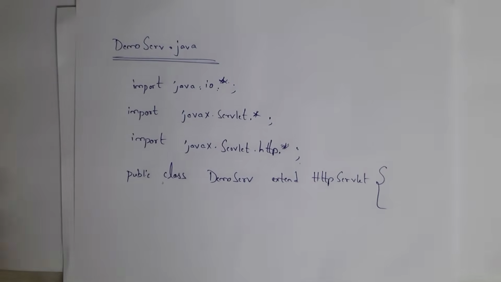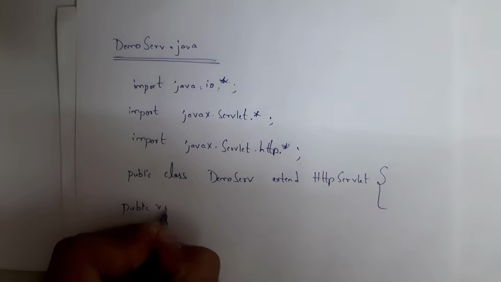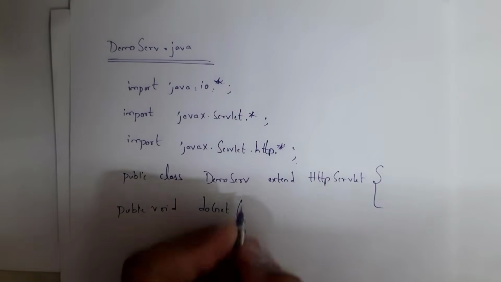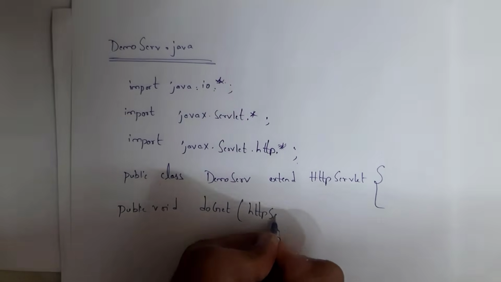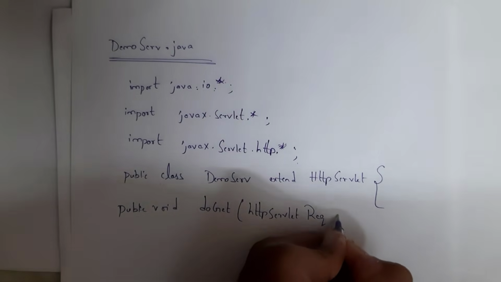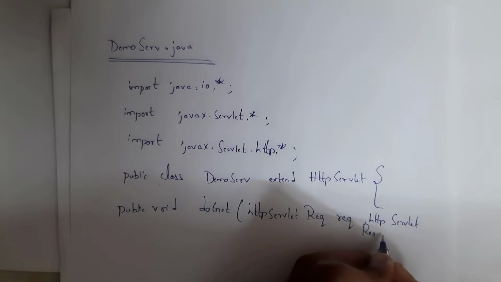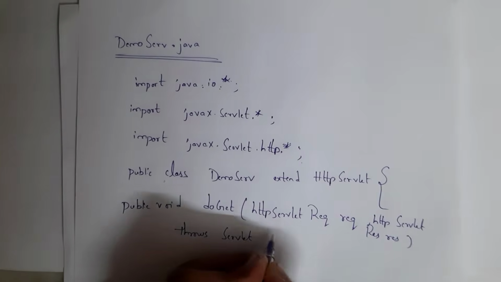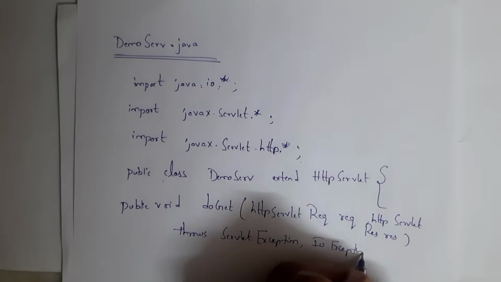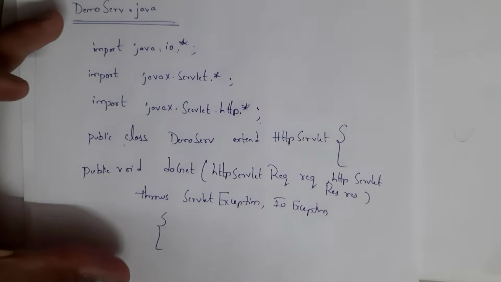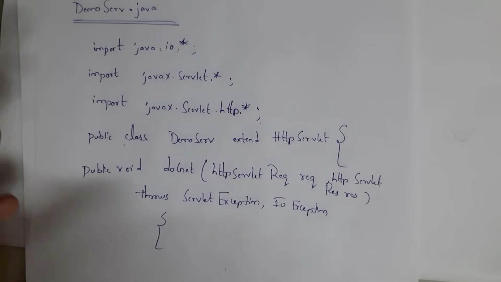After that, the service method, public void doGet. doGet is the method which I am using to handle service. HttpServletRequest request, HttpServletResponse response throws ServletException, IOException. I created the servlet, and then I created the service method. Up to here, the program is common for each and every program.